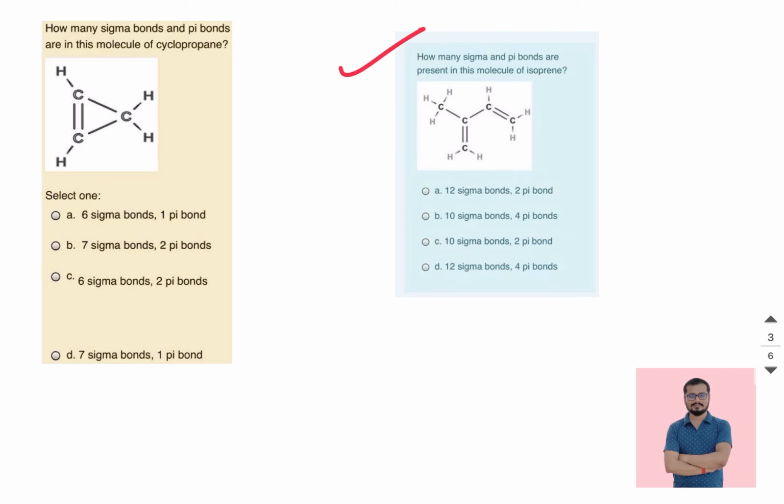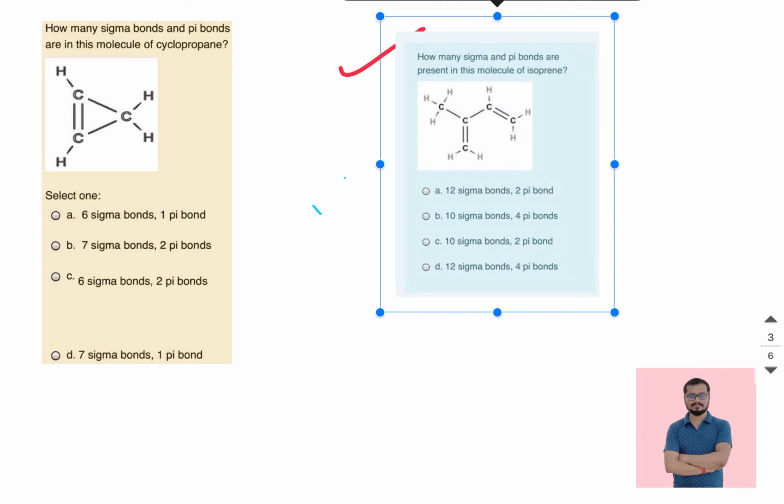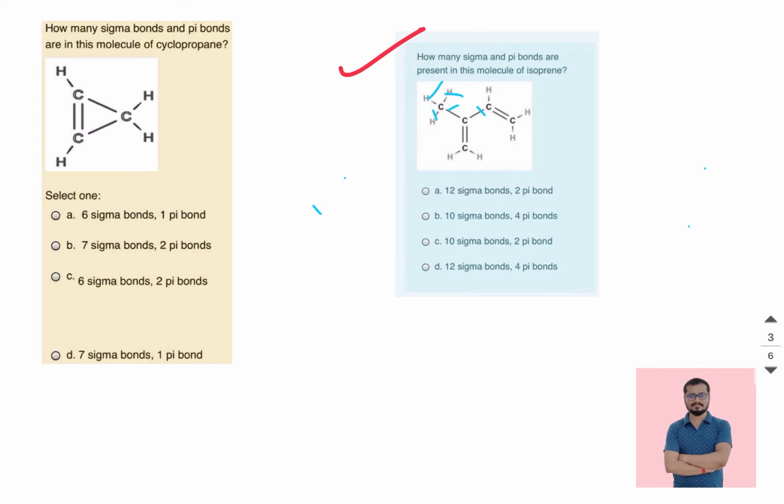In this case, how many sigma and pi bonds are present in the molecule of isoprene? Isoprene is given. So here calculate the number of sigma and pi bonds. First of all we can calculate the number of sigma bonds. 1, 2, 3, 4, 5, 6, 7, 8, 9, 10, 11, 12.